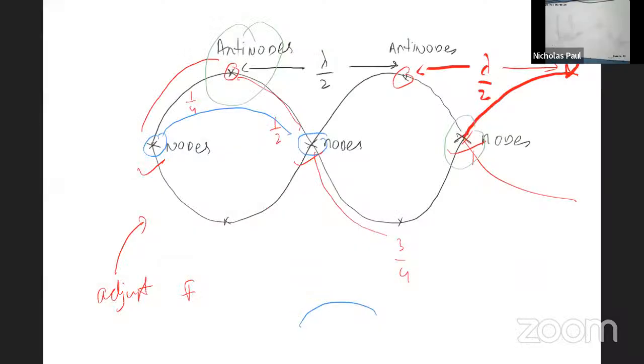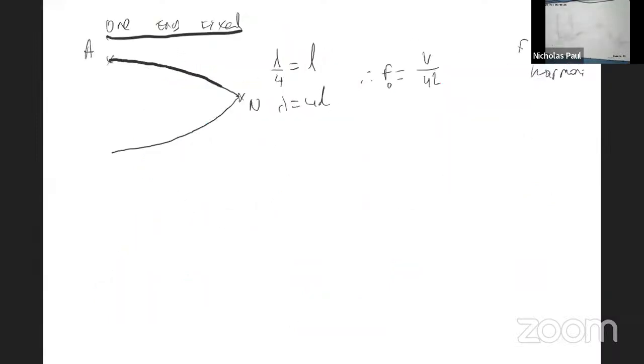How much do you think the wave is increasing by from the first harmonic to the second harmonic? Jude, how much is it increasing by from first harmonic to second harmonic in this case?